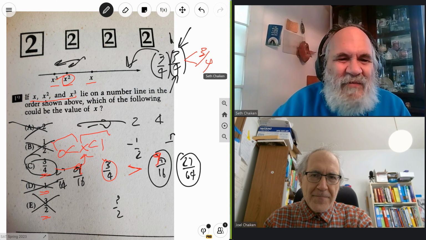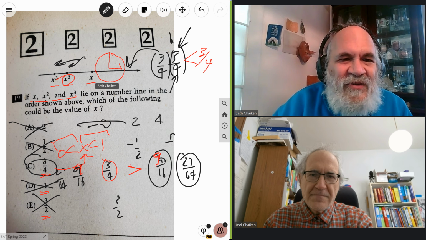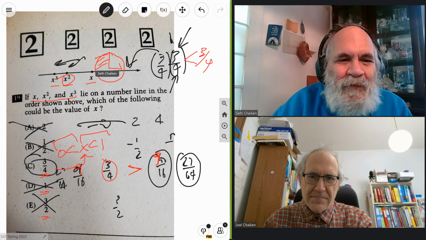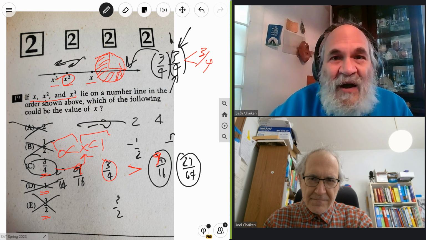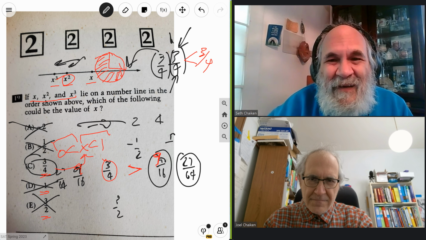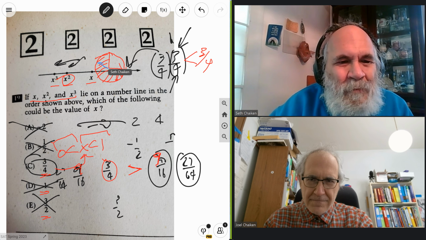Why is that? Suppose you have a pie, and you have 3/4 of your pie. Then if you take 3/4 of that, let's divide this pie into quarters.